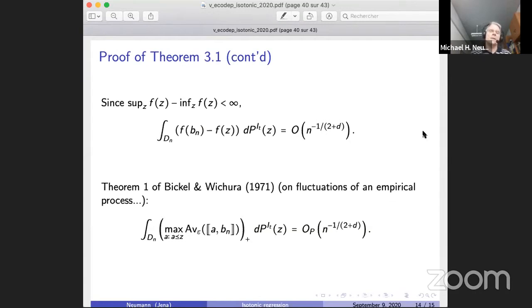And regarding the variance term or stochastic term, we just use a classical fluctuation result by Bickel and Rosenblatt, and we also obtain the desired order of convergence, this time convergence in probability, of course. So next slide, please.